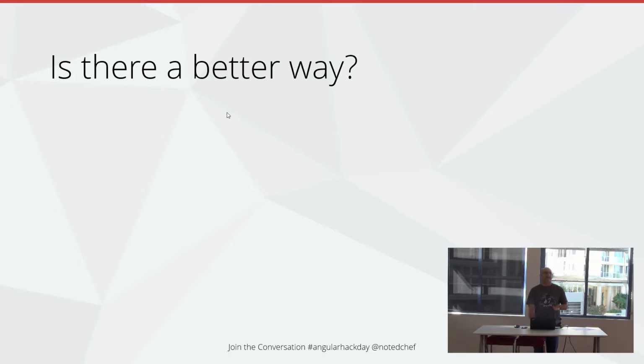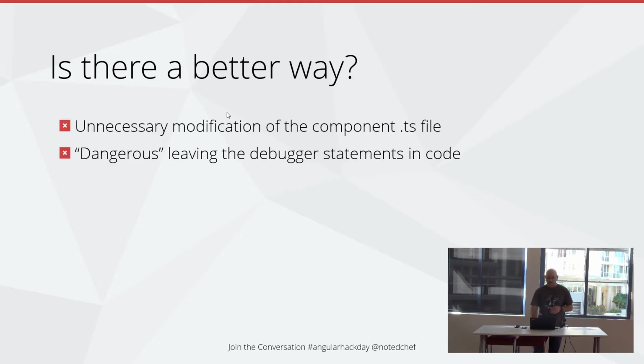But is there a better way to do this? Because in the first instance, you've got to write something into your code itself, and you might forget to take it out. And secondly, it could be dangerous leaving it in there. And then also putting a breakpoint in the console itself of the browser isn't very efficient because you've got to keep switching back and forth between your browser and your VS Code to make the change and then go back and see if it's fixed.